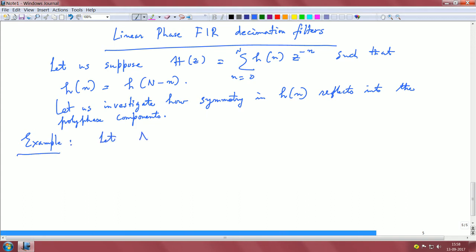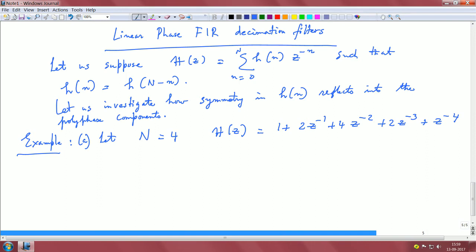Let us choose capital N to be equal to 4. So that means I have 5 coefficients, right, N plus 1 coefficients. So let us assume that H of z is of the form 1 plus 2 z power minus 1 plus 4 z power minus 2 plus 2 z power minus 3 plus z power minus 4.